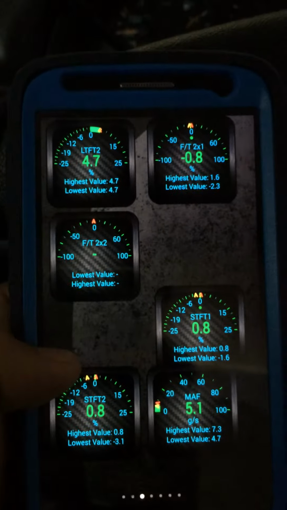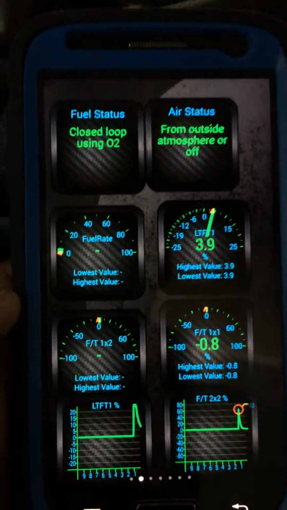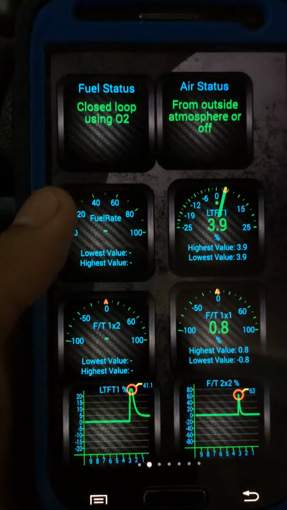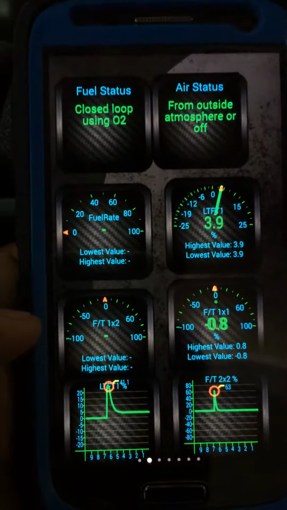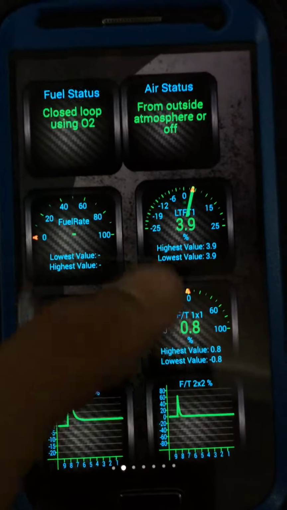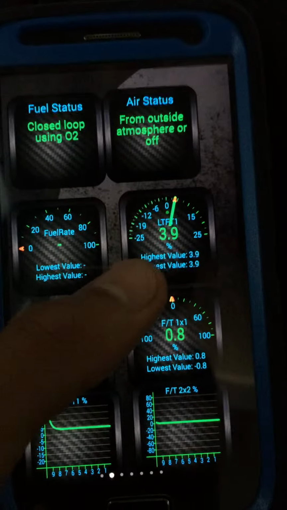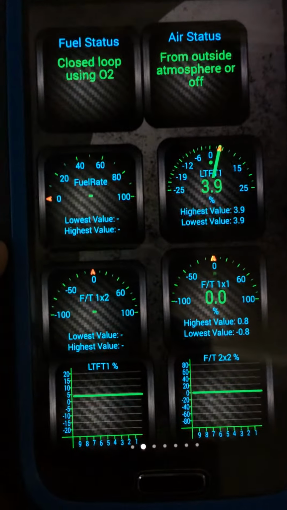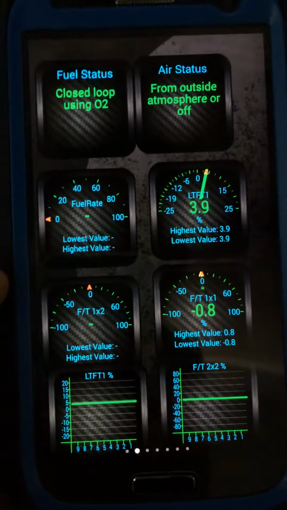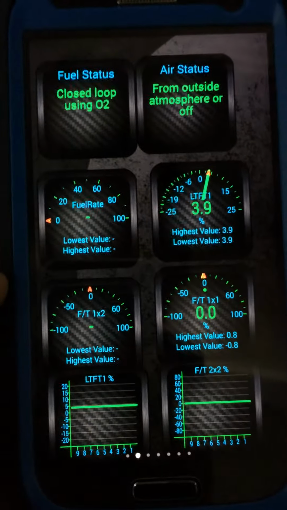Okay. Let's look at these graphs. Well, the fuel rate and the fuel trim 1x2 do not work. But you could look at the 1x1 fuel trim and the long-term fuel trim for number 1. And I will blip the throttle again, and you could see if there are any differences.